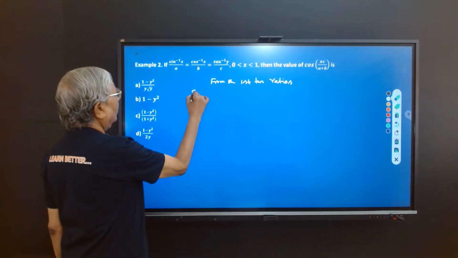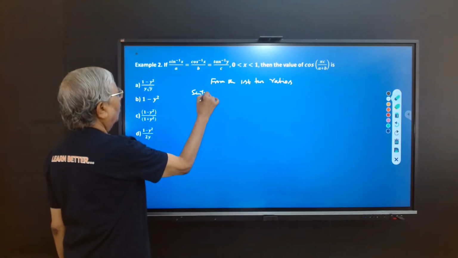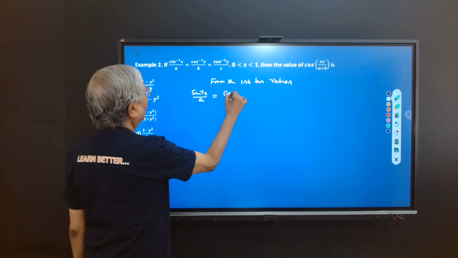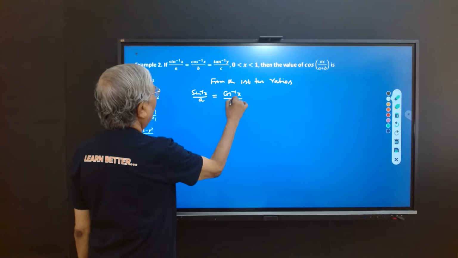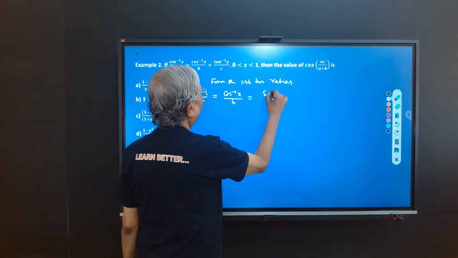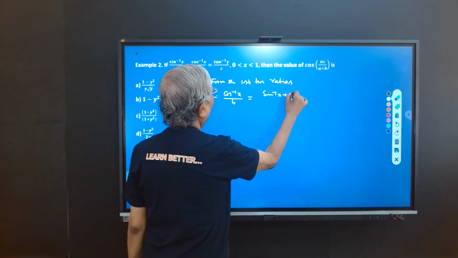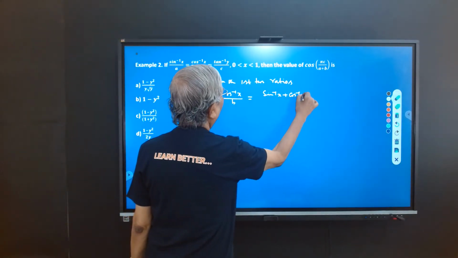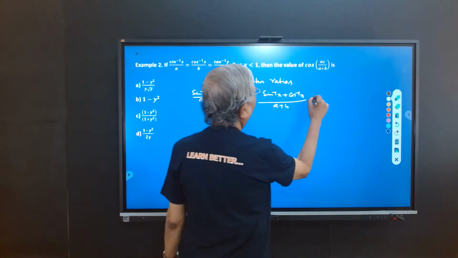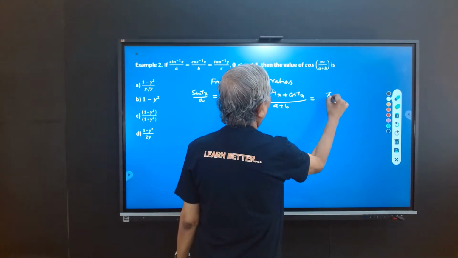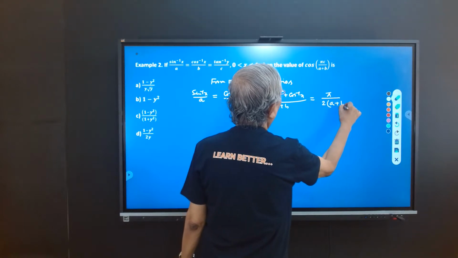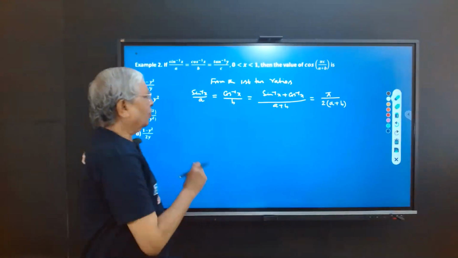Sin inverse x by A equals cos inverse x by B, which is equal to sin inverse x plus cos inverse x by A plus B, and this we know is pi by 2, so you can write this as pi by 2 into A plus B.